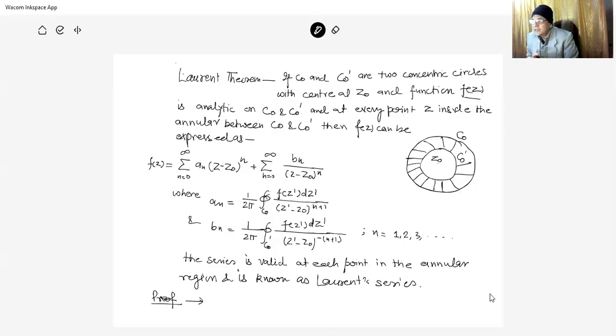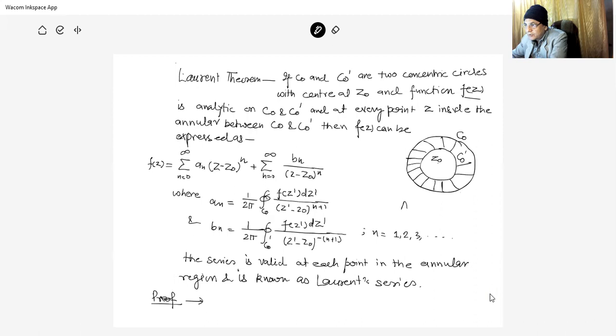This annular theorem is very important to analyze the case where two different laws are acting. For example, think of the case of an atom.